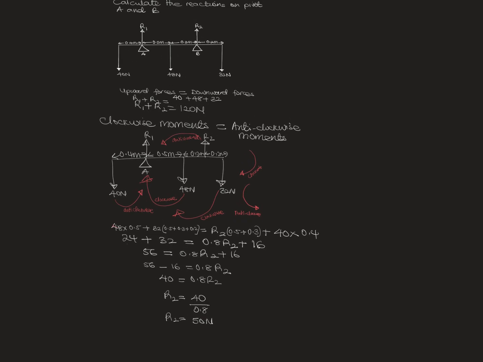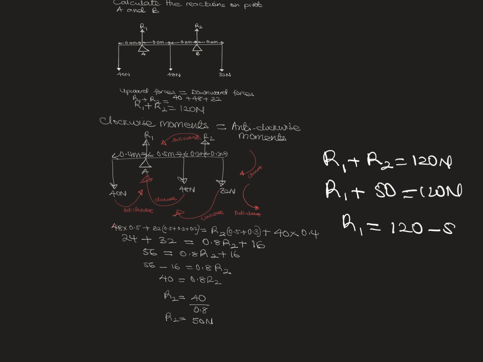But we already know from the first principle that R1 plus R2 equals 120 newtons. Substituting, R1 is 120 minus 50, which is 70 newtons. So R1 is 70 newtons and R2 is 50 newtons.